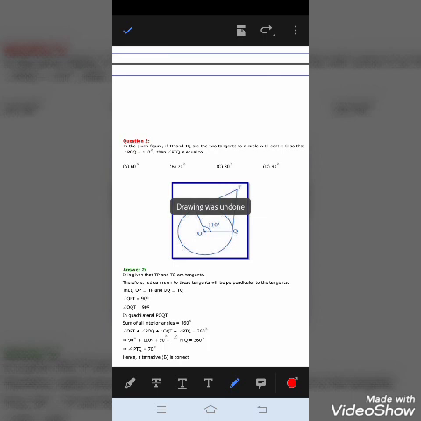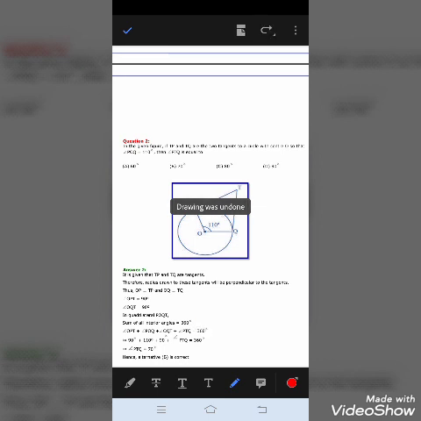So angle OPT plus angle POQ plus angle OQT plus angle QTP, that is PTQ, is equal to 360 degree.